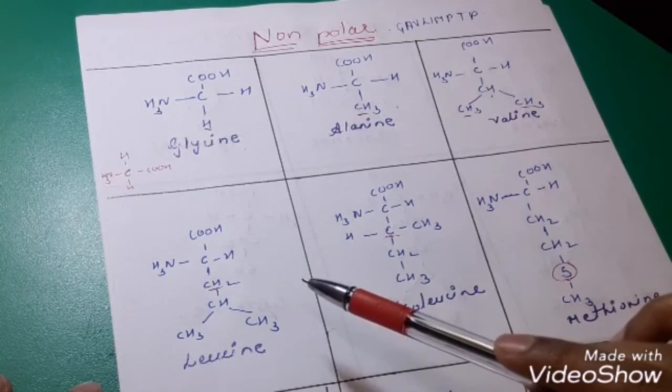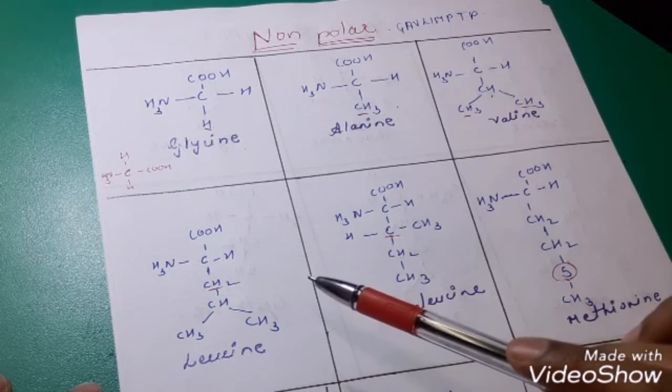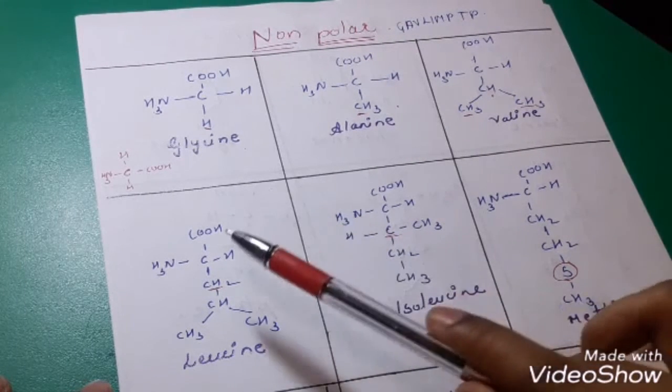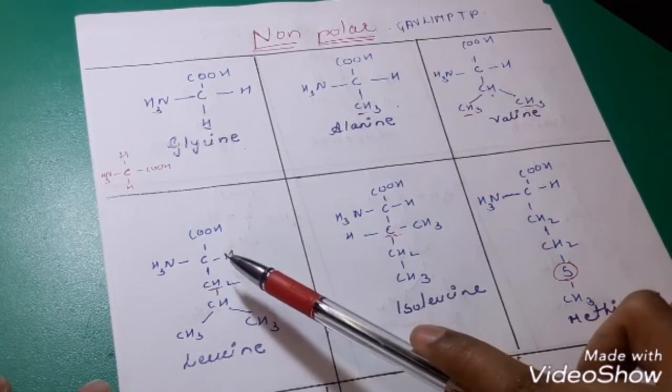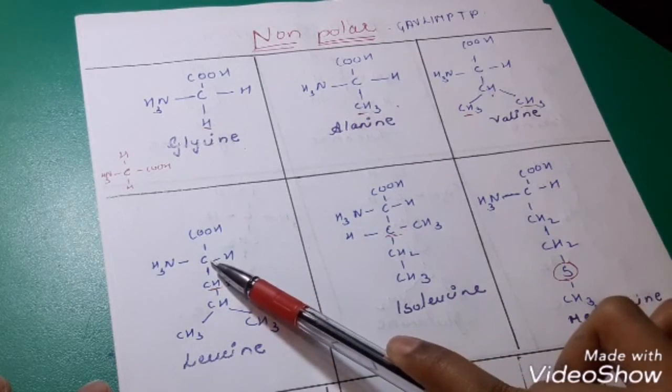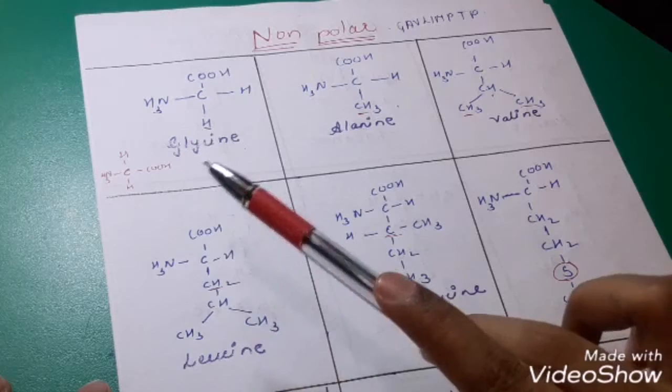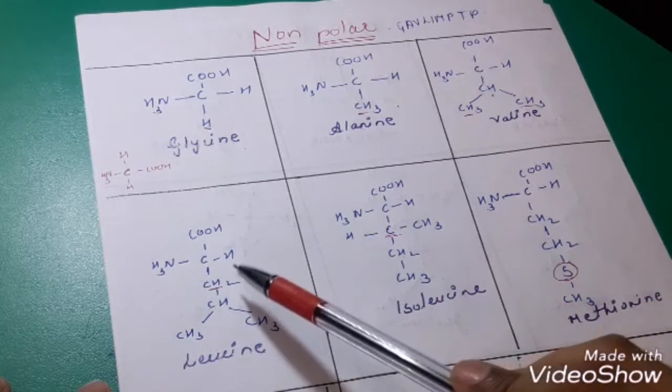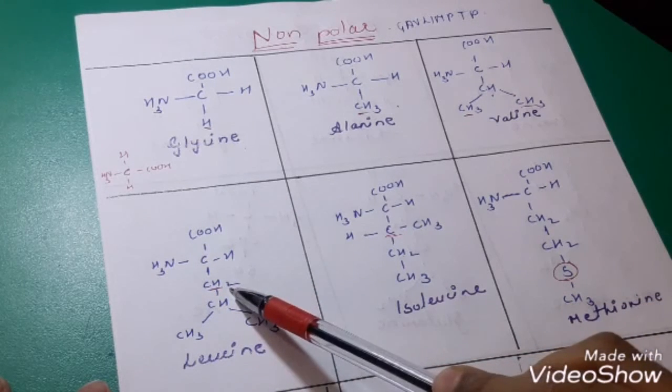Leucine is also one of the branched-chain amino acids. It has a carbon atom at the center, the hydrogen, the carboxyl group, and the amino group. The added one is a CH2 group.